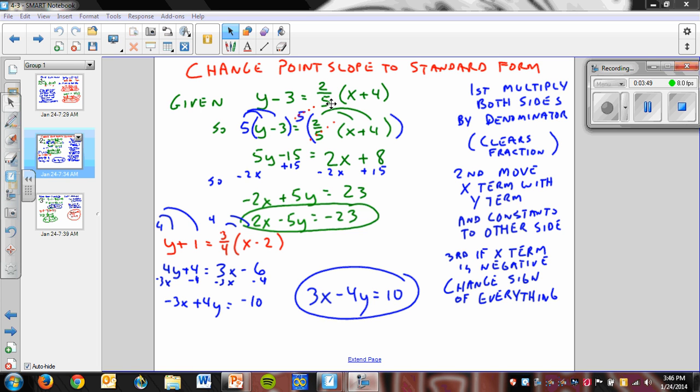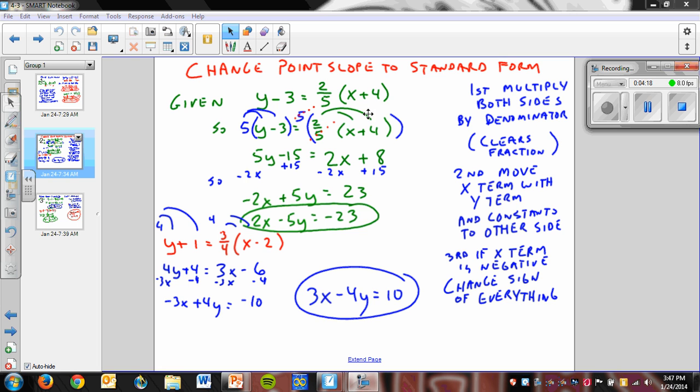Since 5 and 4 don't work too well together, let's multiply both sides of the equal sign by 5. When we do that, that 5 and that 5 cancel, and this 5 shows up. So all we have left is 2 times x plus 4 equals 5 times y minus 3.